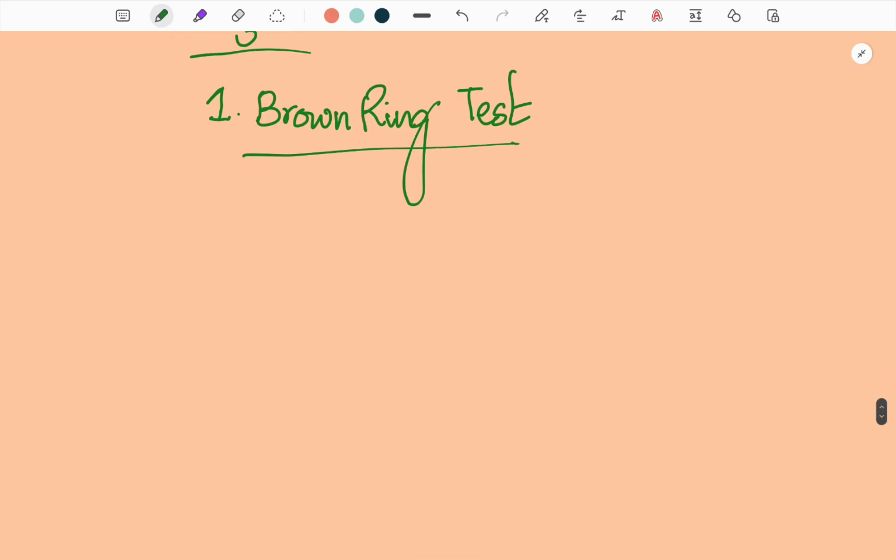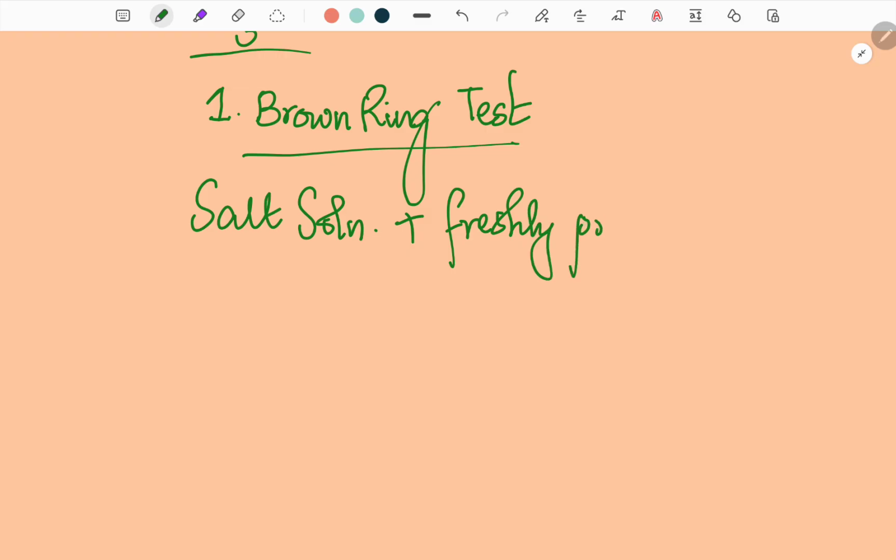So for this test, you need to first take the salt solution, and you need to add freshly prepared ferrous sulfate solution.